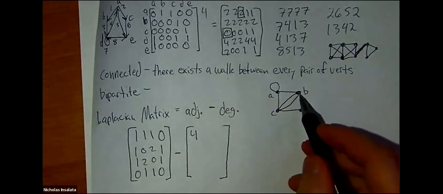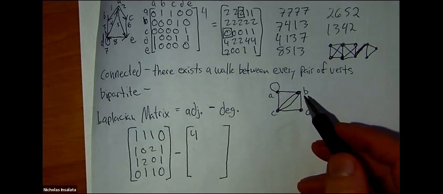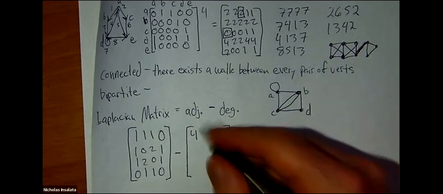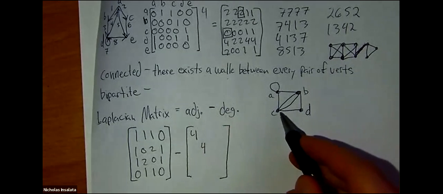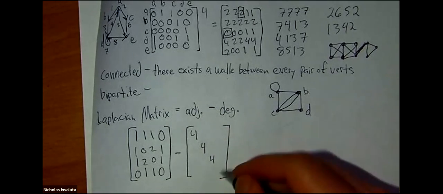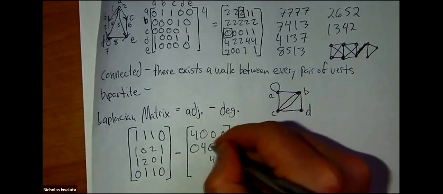Okay, what's the degree of vertex B? Also 4. Nice. C? 4. And D? 2. Excellent. And all the rest of the entries are 0. And that's called the degree matrix.